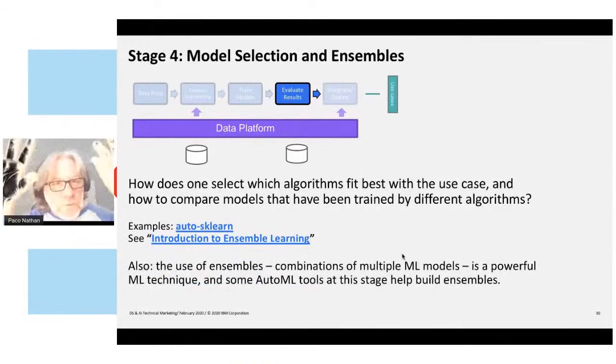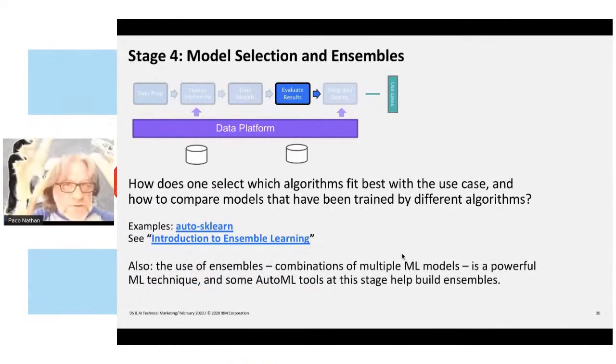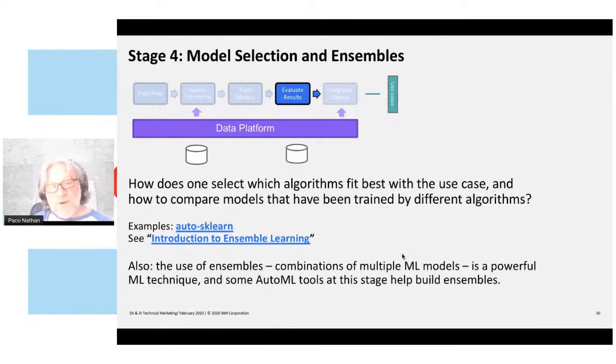Okay, so once you've gotten a machine learning model trained, and maybe you're using a few different algorithms and comparing them against each other, doing a bake-off, how can you evaluate which one's better for the use case? There are projects like AutoScikit-Learn, which gets into maybe you want to use multiple models together.